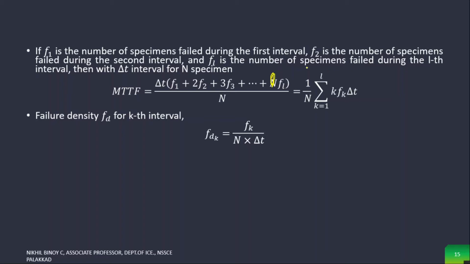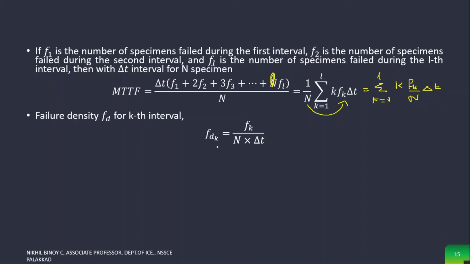Please note this equation, and this other equation of MTTF. Actually, we can take this capital N into this part. So we can write it as sigma k equal to 1 to L of k into fk divided by capital N, into the last part delta t. We can modify this equation as sigma k equal to 0 to L of k into fk divided by N into delta t.